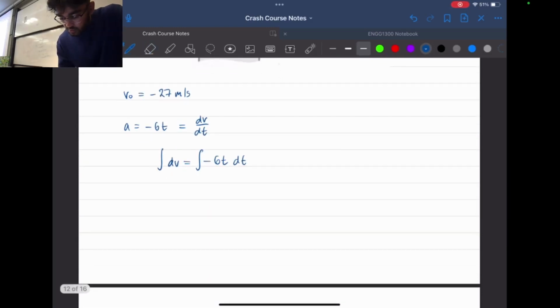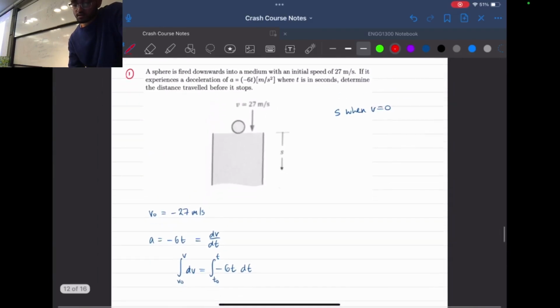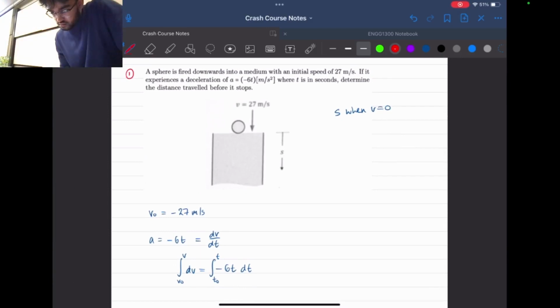So we can say between the points t0 and t, v0 and v. What is t0 and what is v0? Anyone know? What have they given us in the question? You could go t0 is just 0.